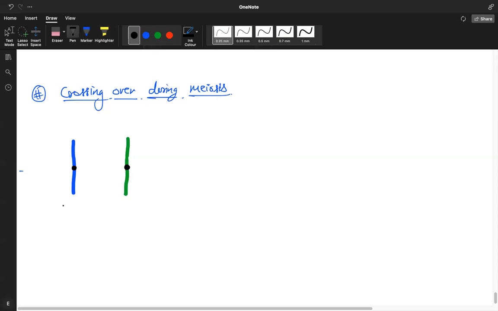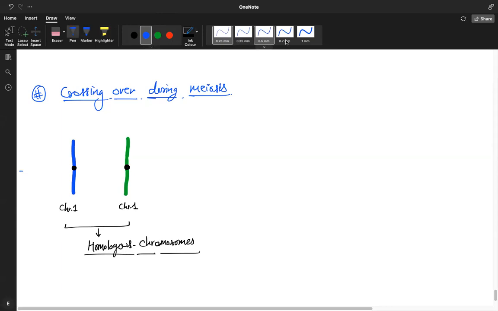This is also chromosome number 1, and this is also chromosome number 1. So these 2 are homologous, correct? Understood? Yes.